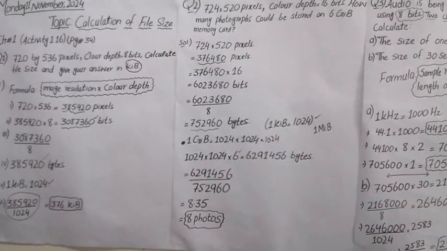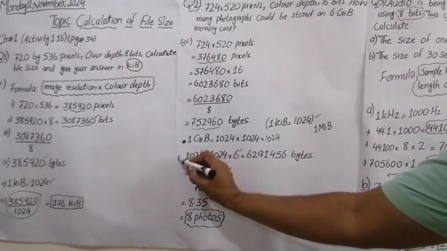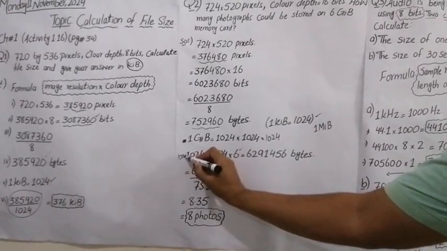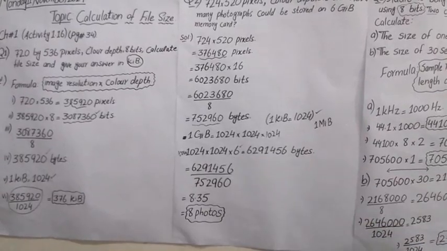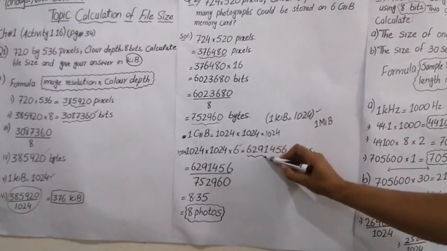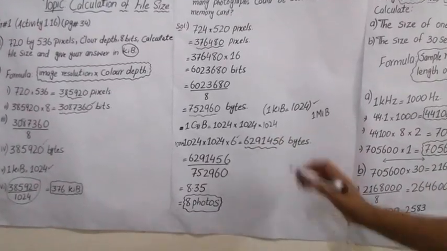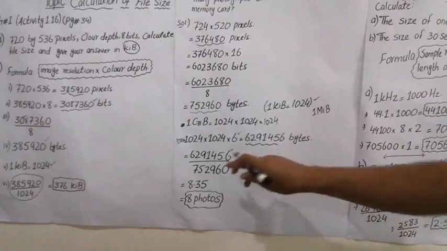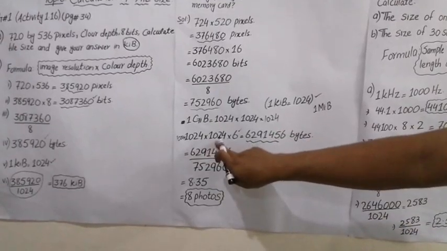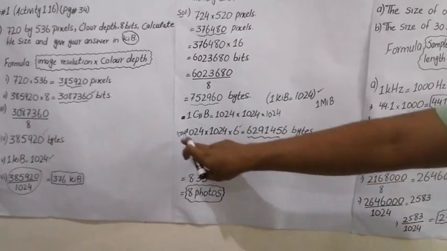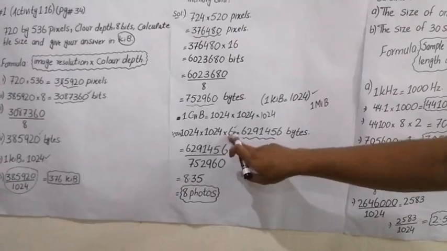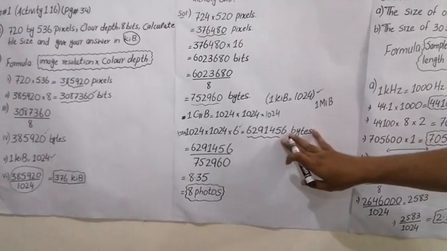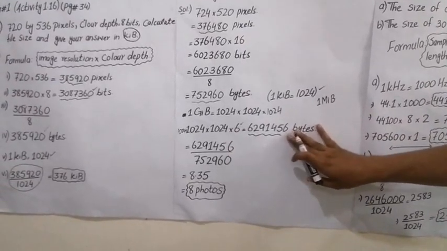Okay, so here you have to add 1024 again, multiply 3 times and then multiply it with 6, so you will get the value in bytes here. This value is changed because I have multiplied it twice, but what you have to do is multiply it 3 times, and then multiply it with 6, so you will get your answer in bytes.